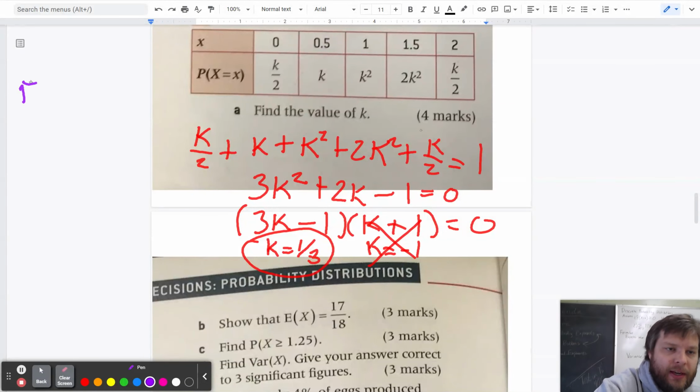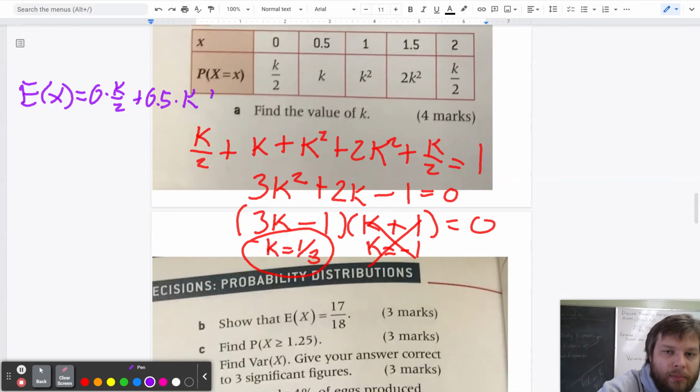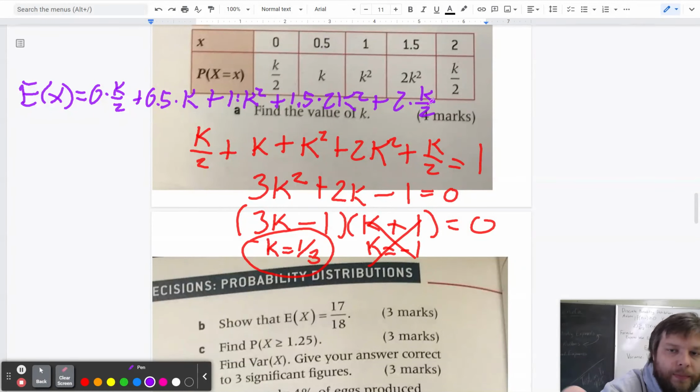So the expected value of x is going to be 0 times k over 2 plus 0.5 times k plus 1 times k squared plus 1.5 times 2k squared plus 2 times k over 2.